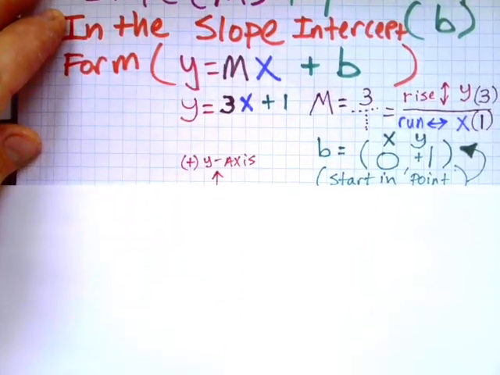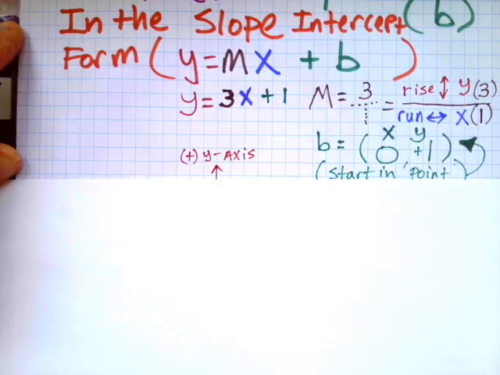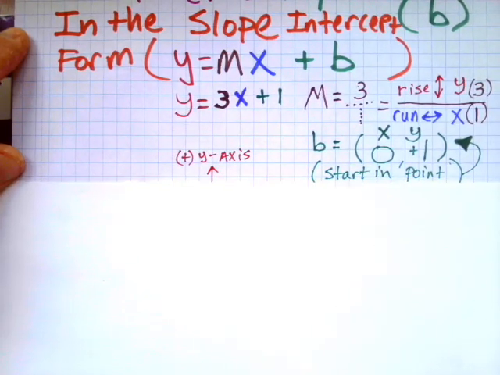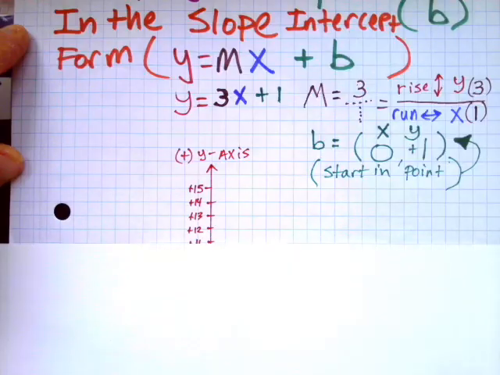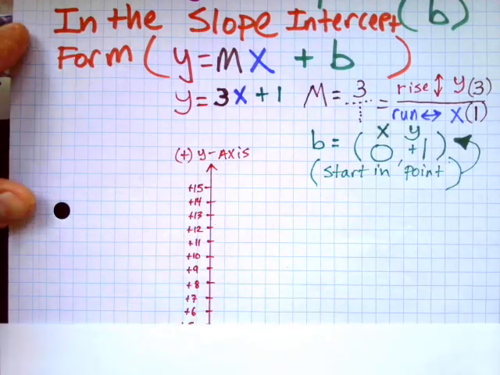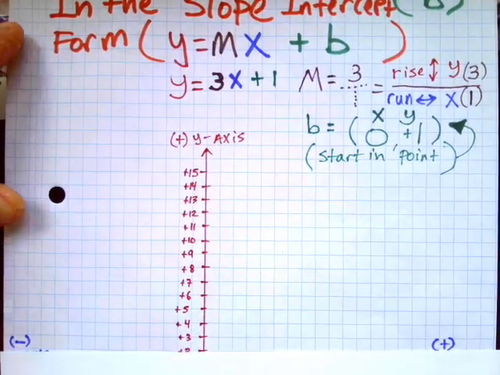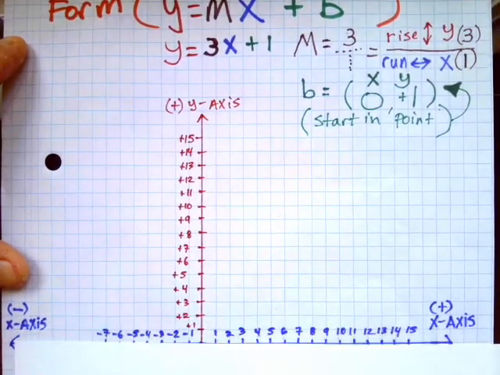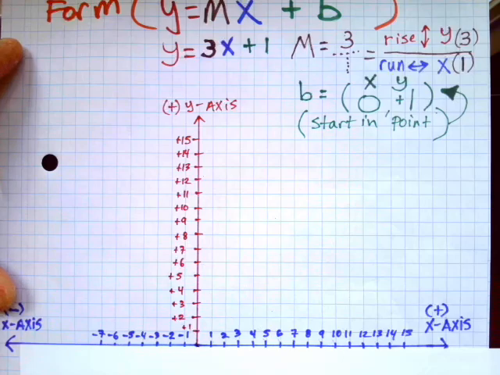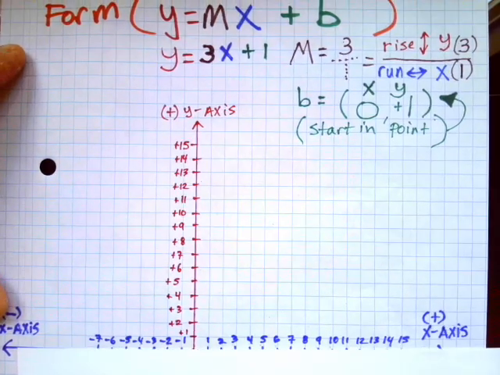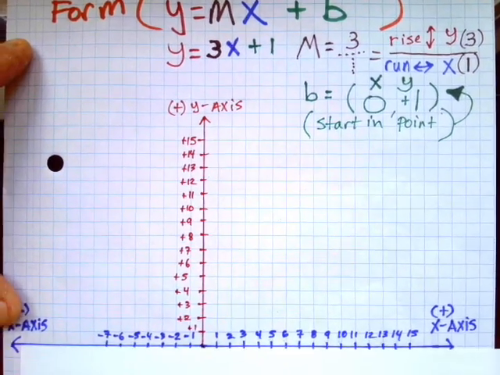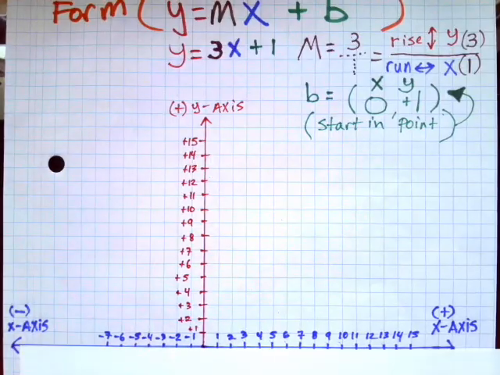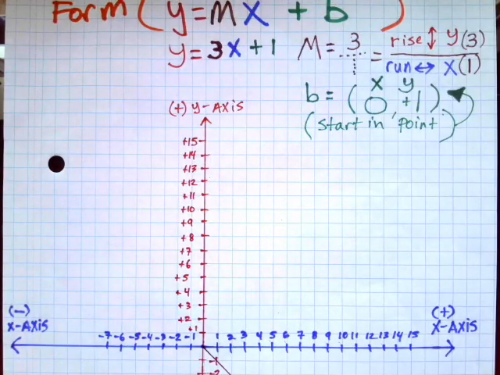So here, let me raise this paper up a little bit. Pardon the interruption there. Let's go ahead and take a look. Remember, our slope is 3 over 1. We always start at that y-intercept point, which is 0 for x, positive 1 for y.